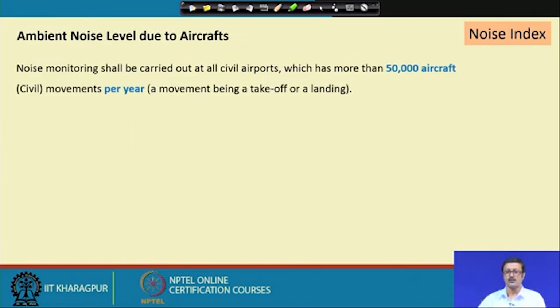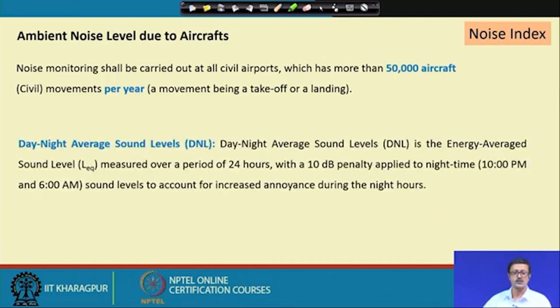So, ambient aircraft noise is also one of the issues nowadays, and this particular noise is monitored by the Airport Authority of India. As per our CPCB, noise monitoring can be carried out for an airport with 50,000 aircraft per year, and that airport has to be taken under consideration.